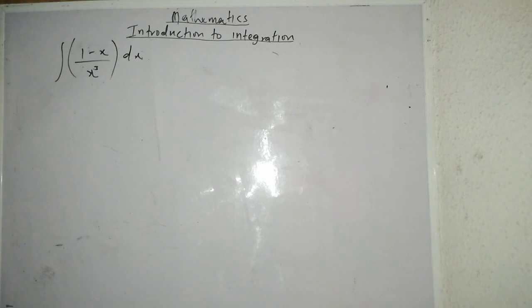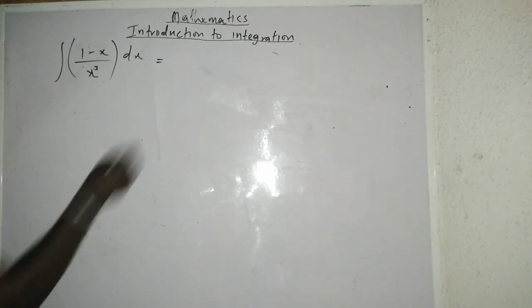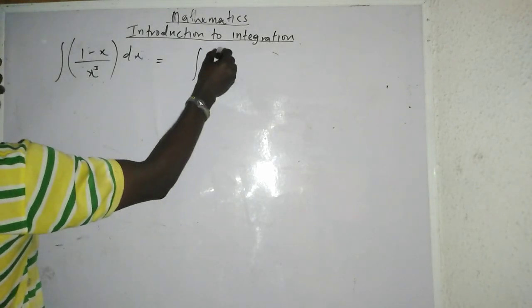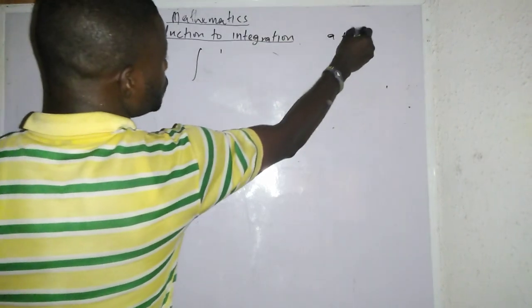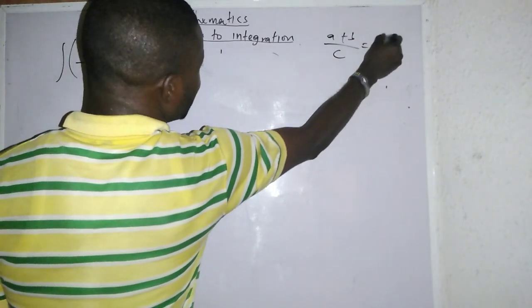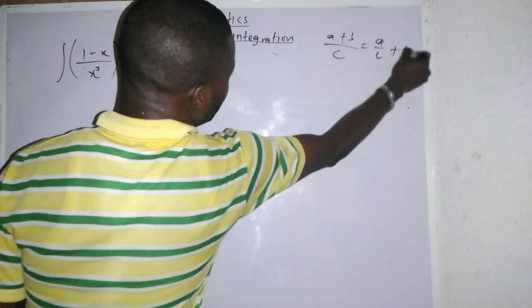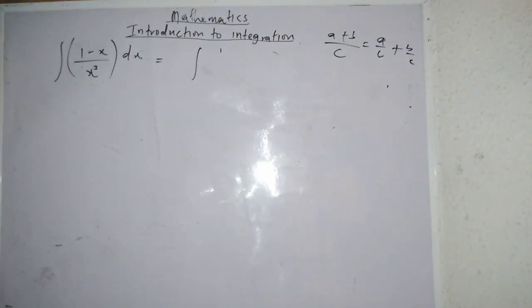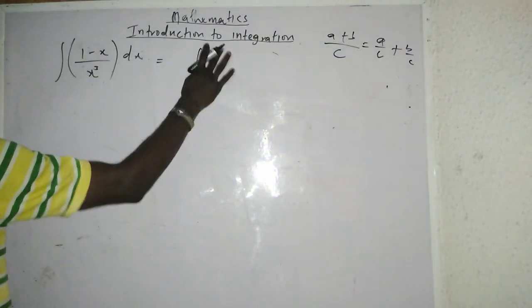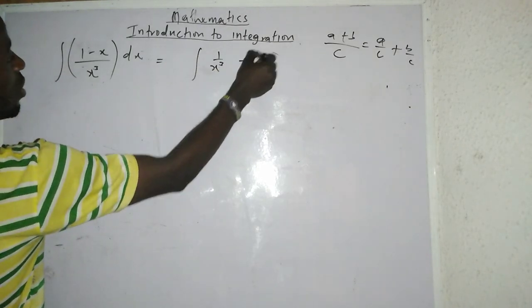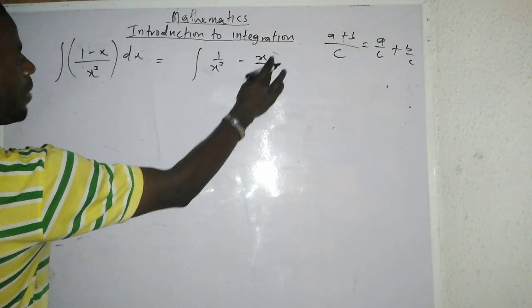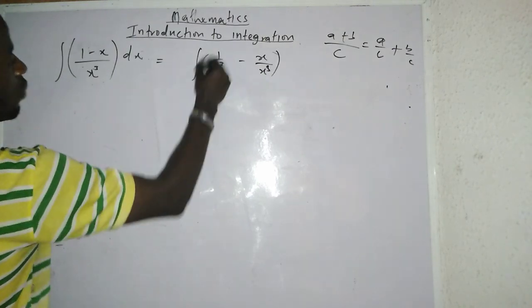Now, I want to integrate this question. If I integrate this question, I can use my fraction rule: if I have (a plus b) all over c, it can be written as a over c plus b over c, which is very possible. What I will do here, I will have 1 all over x raised to power 3 minus x all over x raised to power 3, with respect to x.